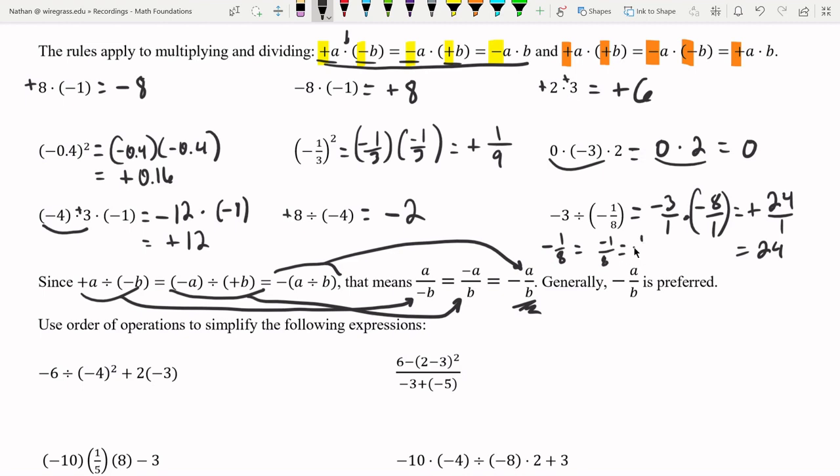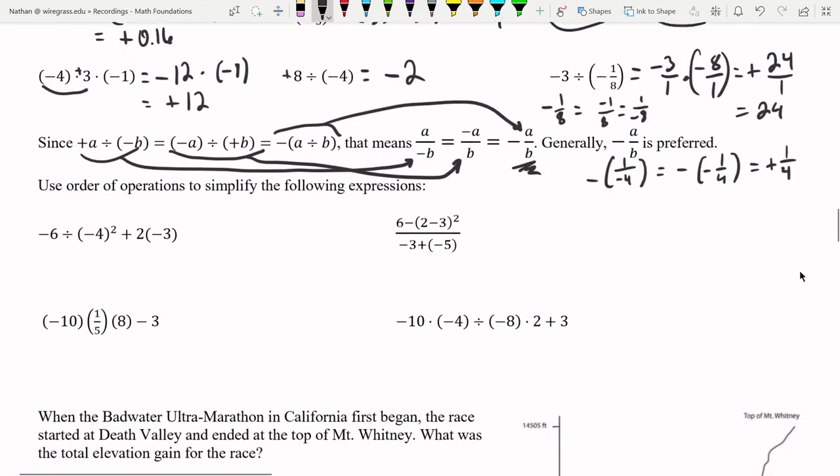I can also write it as 1 over negative 8. Also, if I had something like this, where I had the negative of 1 over negative 4, I can take this negative and move it in front. And I have a negative and a negative, that becomes a positive 1/4. So it allows us to cancel signs by moving it around.